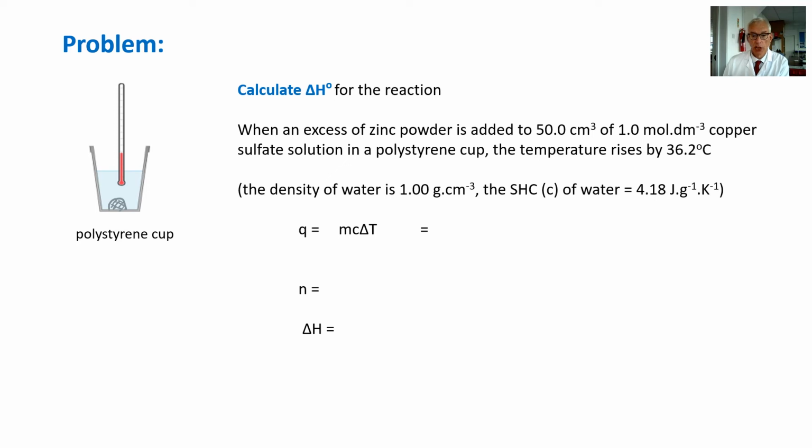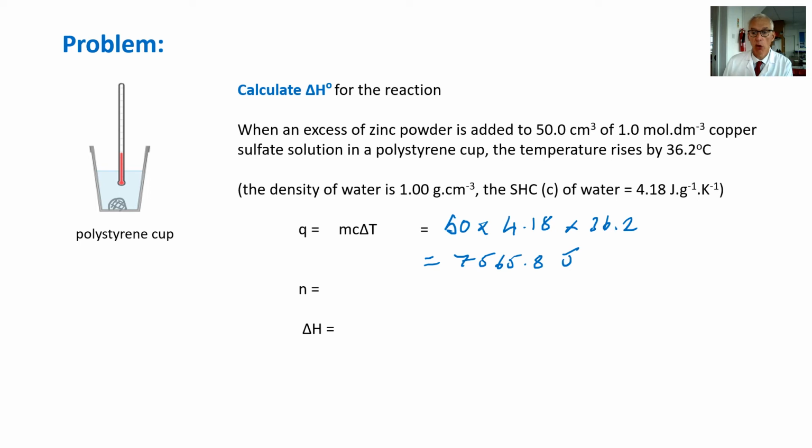So Q is going to be 50 times 4.18 times 36.2. So that's going to come out as 7565.8 joules. So I've used grams, so my energy change is in joules.